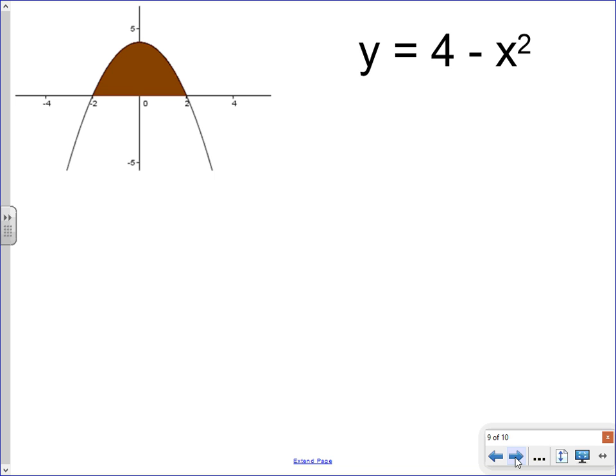So the interval is from -2 to 2. Okay, so you said the interval is -2 to 2? Yes, I did. Very good. We are finding the integral from -2 to 2 of 4 minus x squared dx.